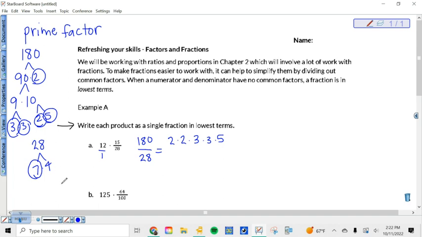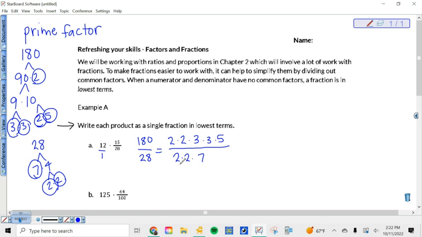Is 4 a prime number? What two numbers multiply together give us 4? 2 and 2. Perfect. So I just broke down 28 into its prime factors. So now I'm going to change my denominator to 2 times 2 times 7.